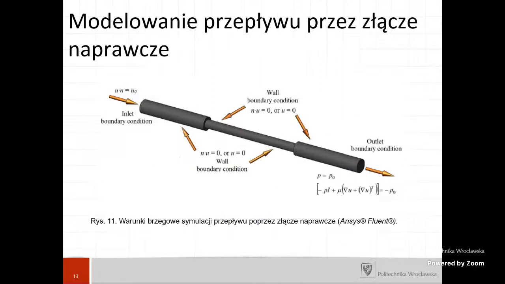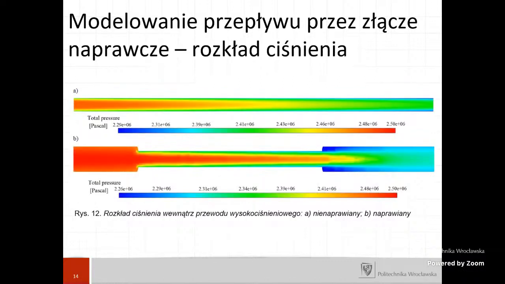Jako pierwsze zostało przeprowadzone modelowanie przepływu przez taki naprawiany przewód w oprogramowaniu ANSYS Fluent. Przechodząc od razu do wyników, żeby nie zanudzać warunkami brzegowymi, widać tutaj, jaki jest spadek ciśnienia.